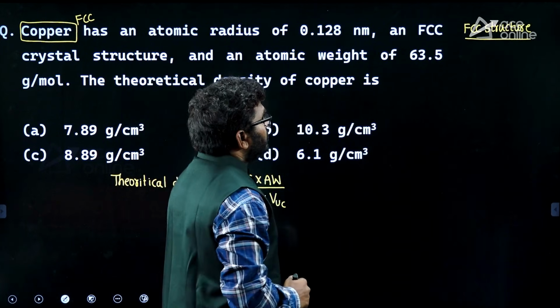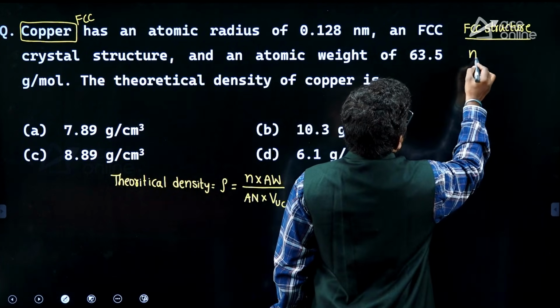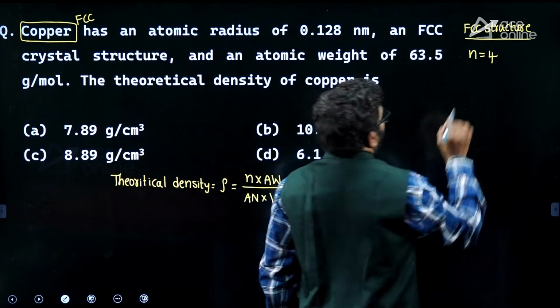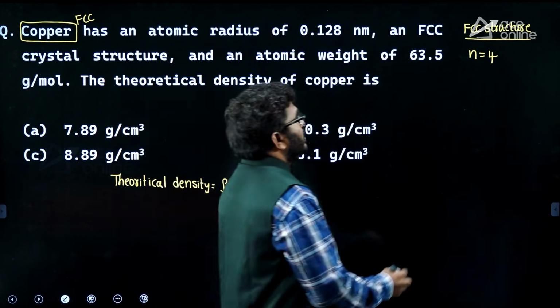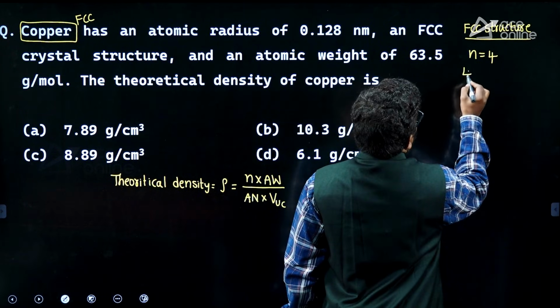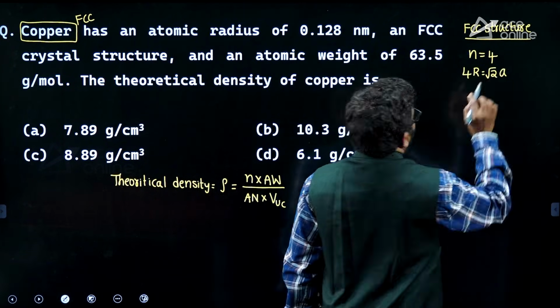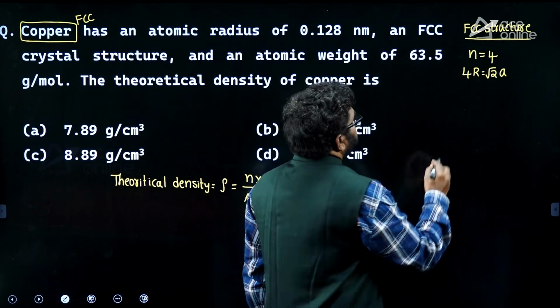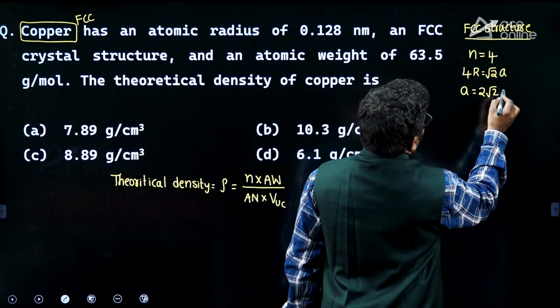What information do you need? The effective number of atoms in the FCC structure is 4. And the relationship between R and A is 4R equal to root 2A. From that, A is equal to 2 root 2R.